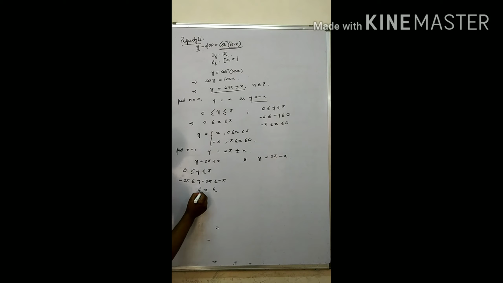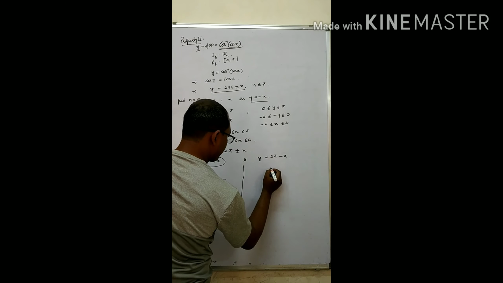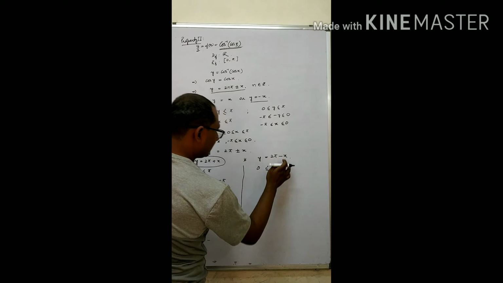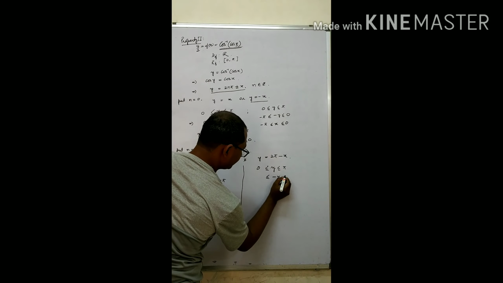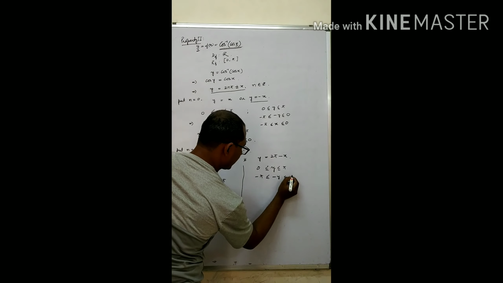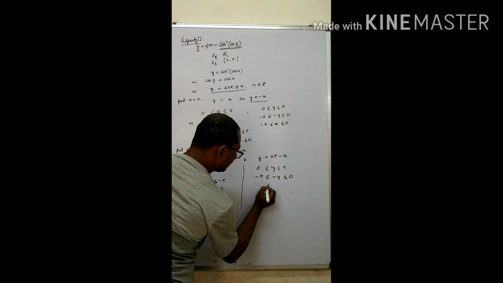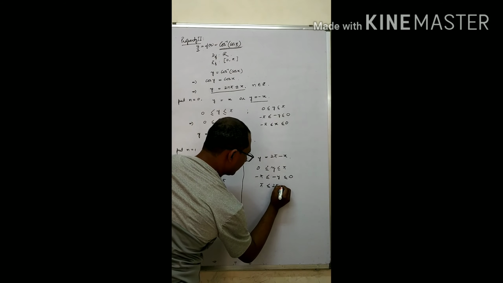So when x is lying between minus 2 pi to minus pi, y will take the value of 2 pi plus x. And from the other one, we know y is lying between 0 to pi, so x will be equal to 2 pi minus y, so I need minus y from minus pi to 0, and 2 pi has to be added, giving pi to 2 pi.